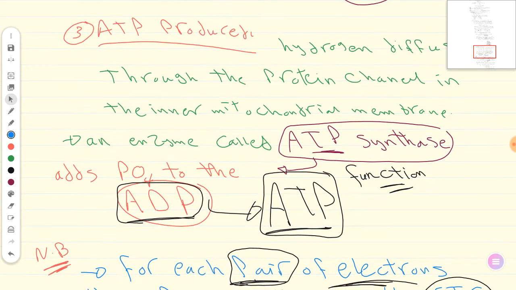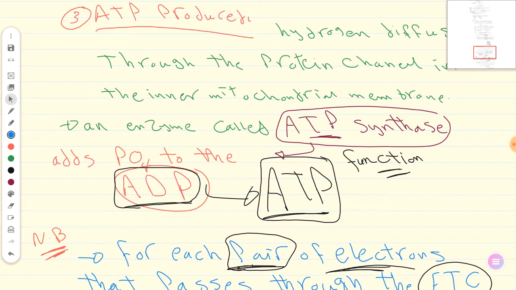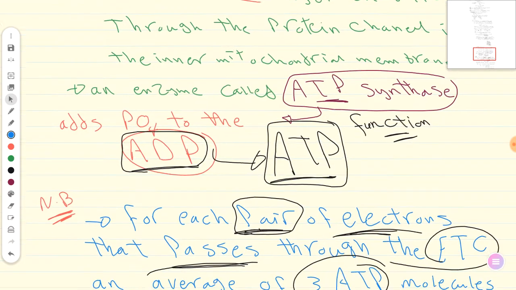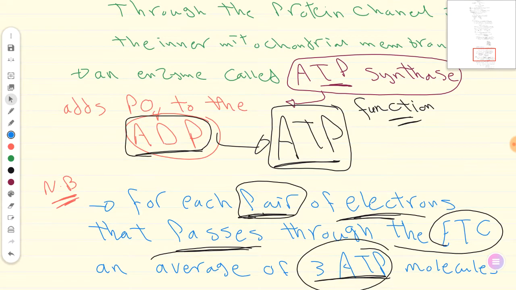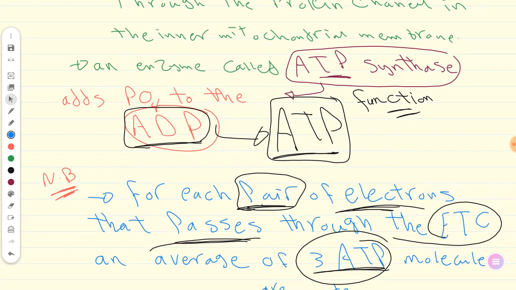This ATP synthase function is adding of phosphate group to ADP, which changes into ATP again. During this step, ATP synthase adds phosphate group to the ADP, which changes into ATP.